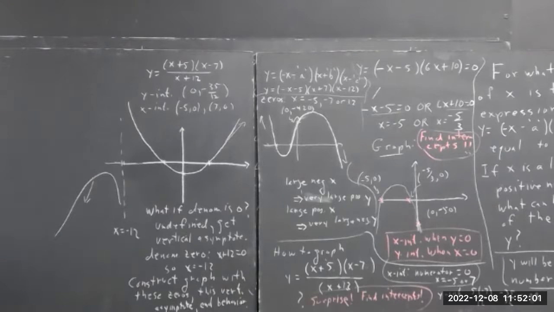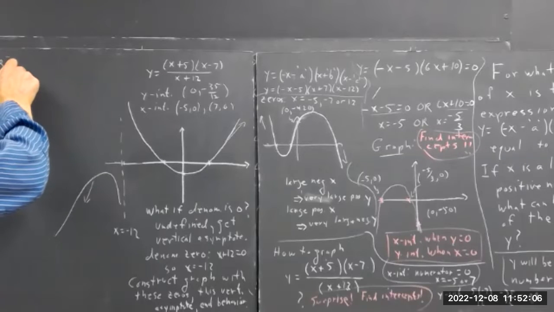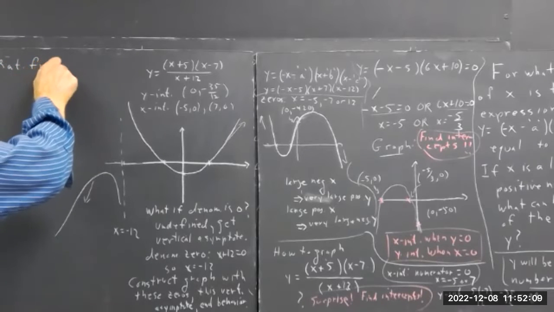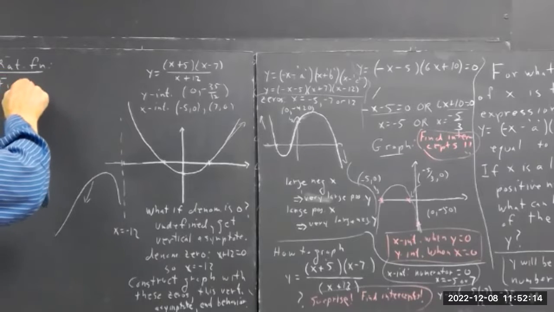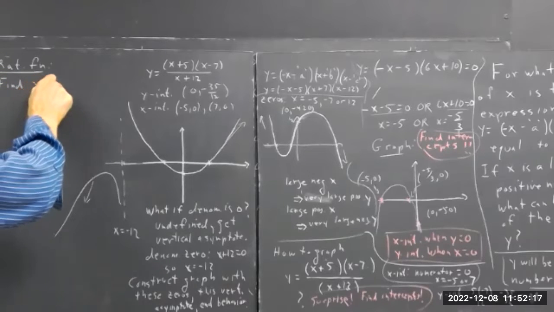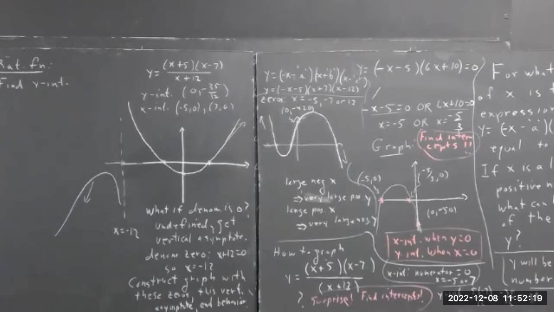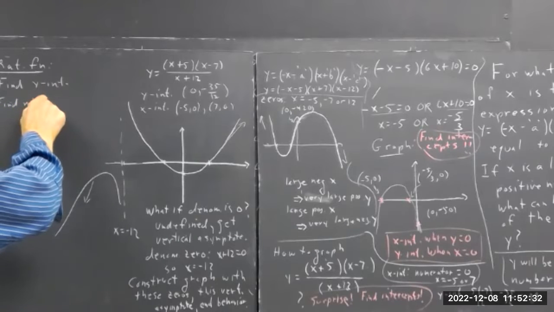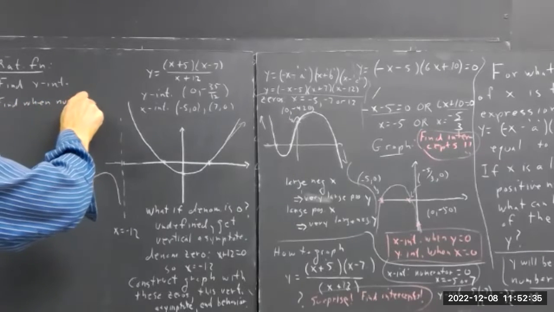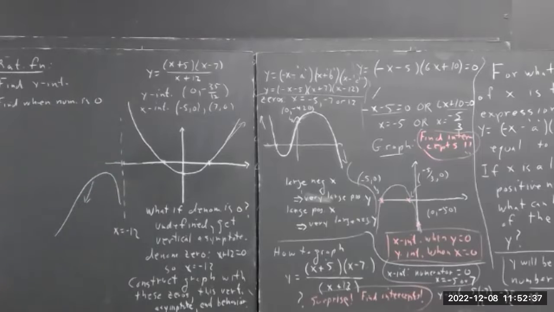Okay, so what's the bottom line? Find the y-intercept, that's easy, at x equals 0. Find with the numerator 0.